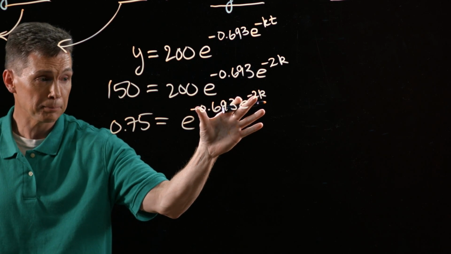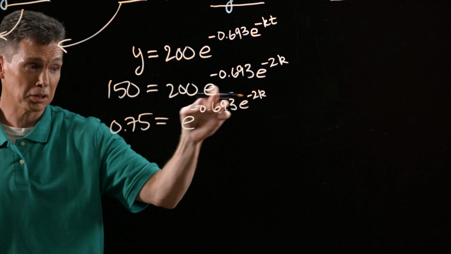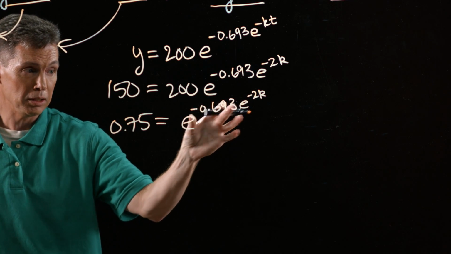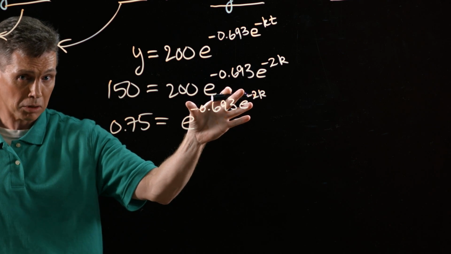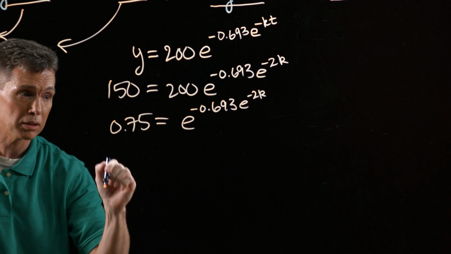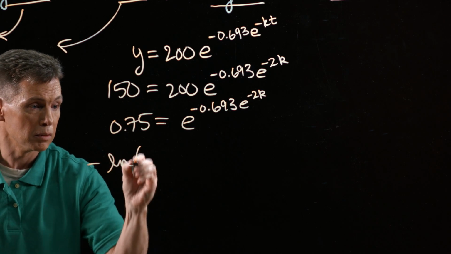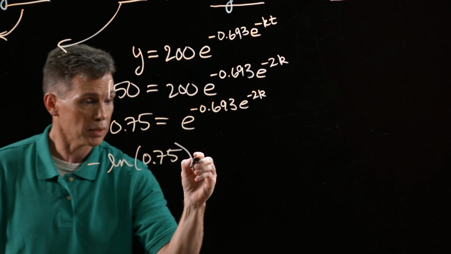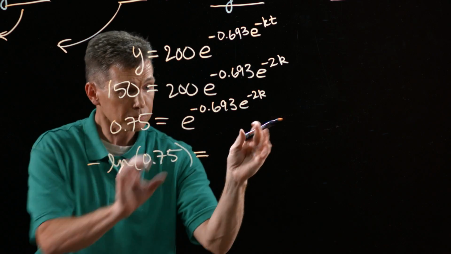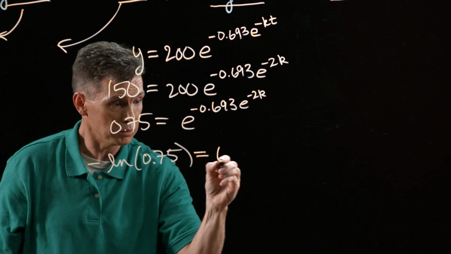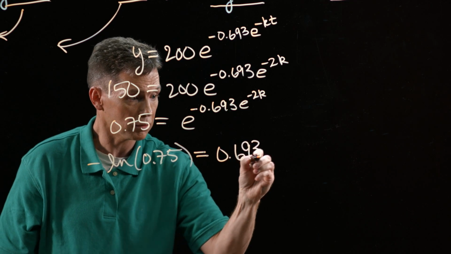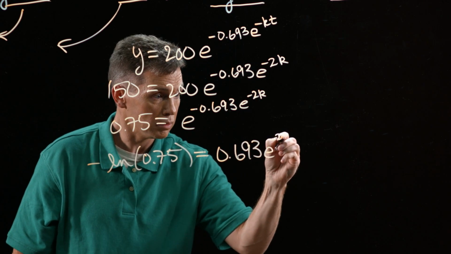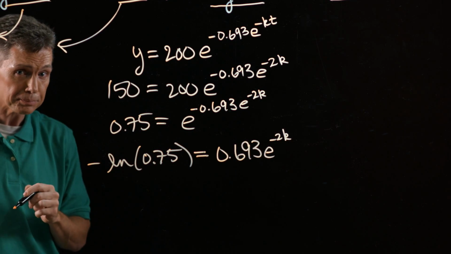Don't focus on the complexity of the power. I'm just going to do logarithms again. Natural log of each side, and I'm bringing that minus sign with it. That's going to equal whatever was up there in the exponent, 0.693 e raised to the negative 2k.